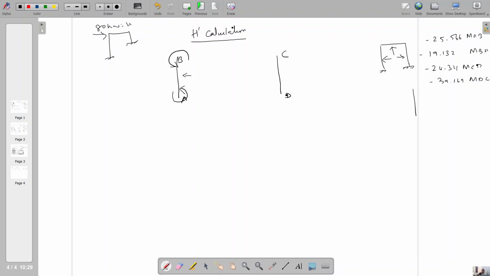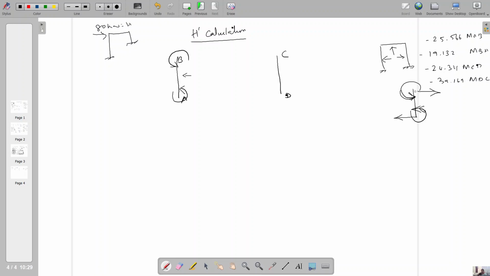You can assume the direction of reaction when this type of moment is acting, that is, both the moments are anti-clockwise. This moment will try to push this frame towards this direction, and this moment will try to push towards the downward direction. So according to the direction, the reaction will be acting like this.